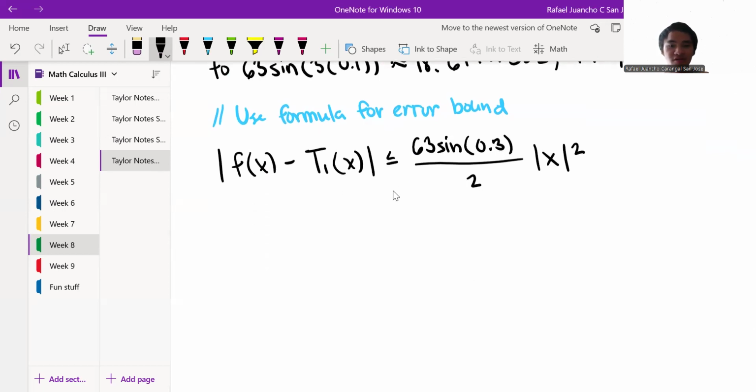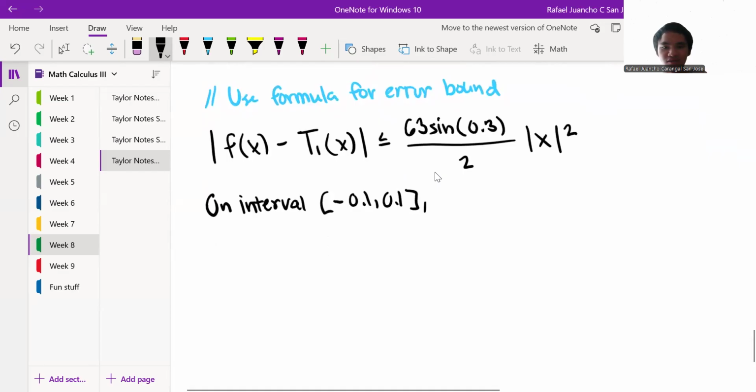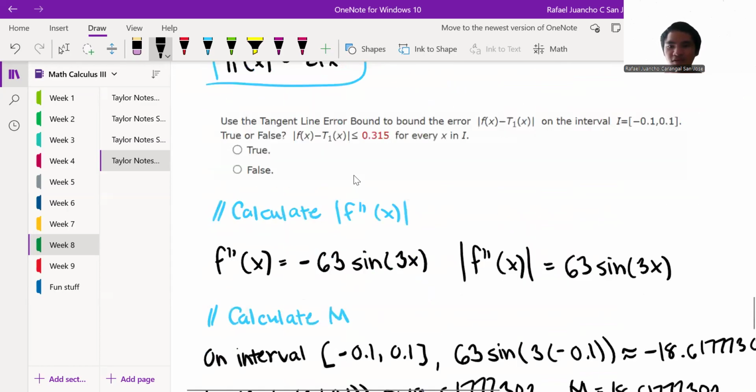And then here I tried to find what this x is, right? So I just plug in the x values. On this particular interval, negative 0.1, 0.1, that's where we plug in the x. 0.1 squared is 0.01. Because I just plug it in, and so that's where I solve for it.